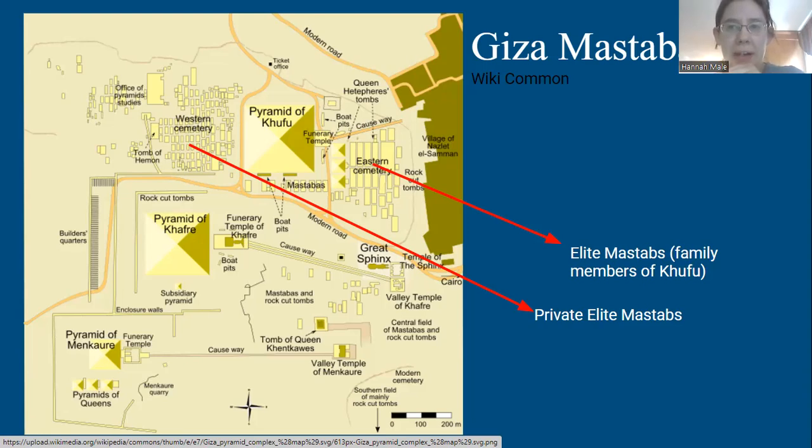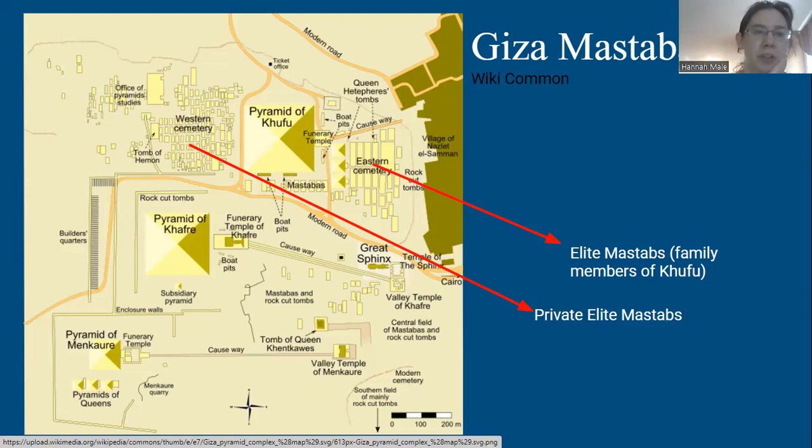As it stands now, the modern city of Cairo has really encroached basically right up to the pyramids and very close to the Giza plateau. When you go, it definitely is a weird juxtaposition.